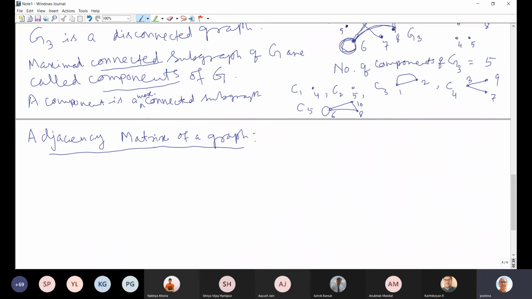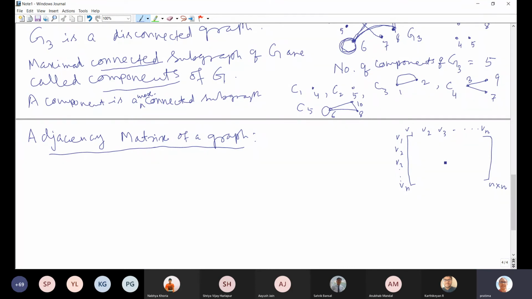What I am explaining is the following: if you have a graph on n vertices, then the corresponding adjacency matrix will be an n by n matrix. Here the vertices of the graph are v1, v2, v3, up to vn, and the rows and columns will be indexed by the vertices of the graph.